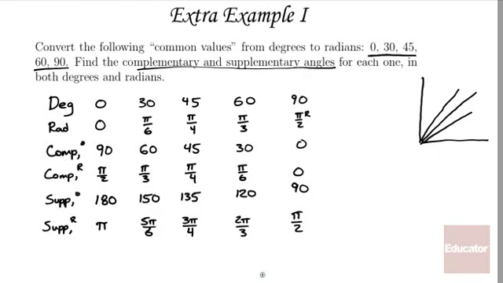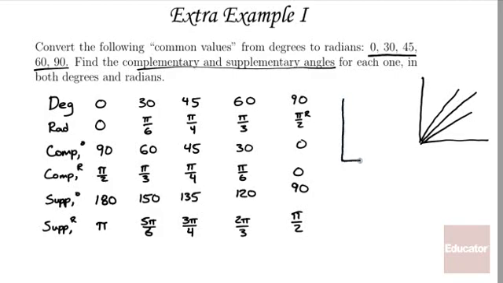All of these are common values. These are all conversions back and forth between degrees and radians that you should know very well as a trigonometry student, just because these angles come up so often. And it's probably worth understanding the pictures behind each of these numbers that I've written down.